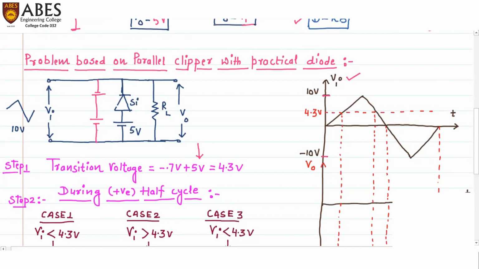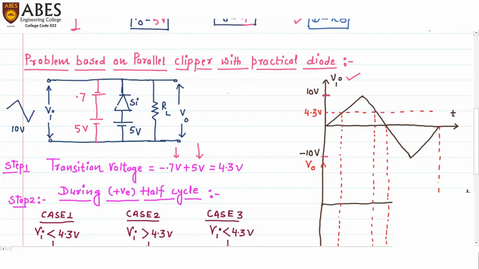The circuit will comprise 2 batteries. This is the battery voltage of 5 volts, and this is the voltage drop across silicon, which is 0.7. To calculate the transition voltage, these 2 voltages will be considered. First, the voltage across silicon is 0.7, but with a negative sign. Why have I taken the negative sign?